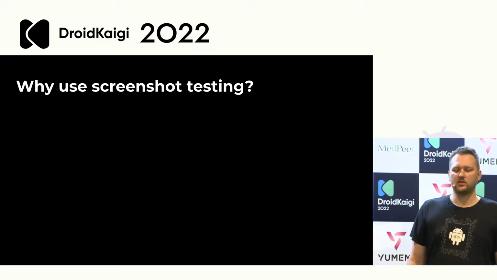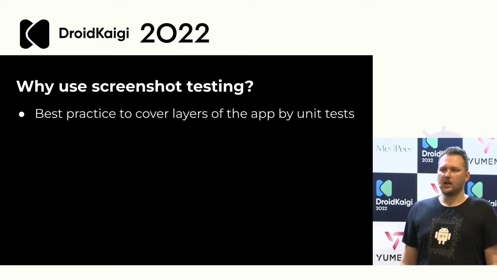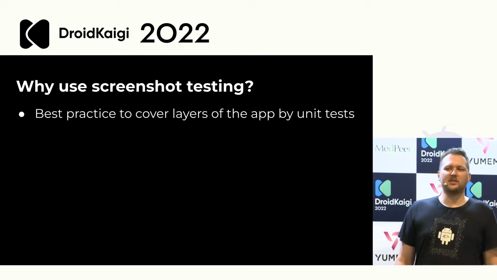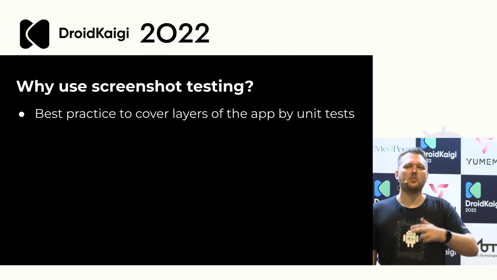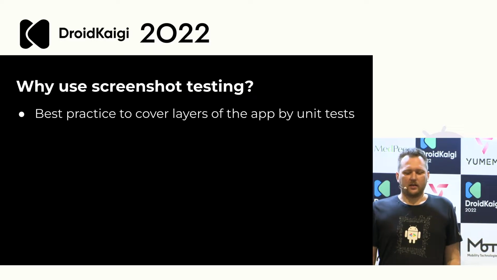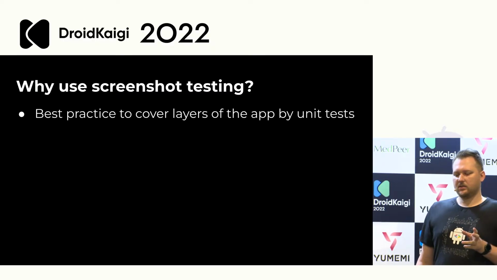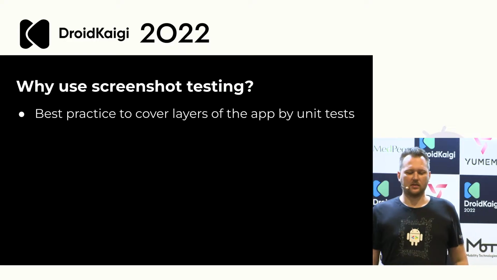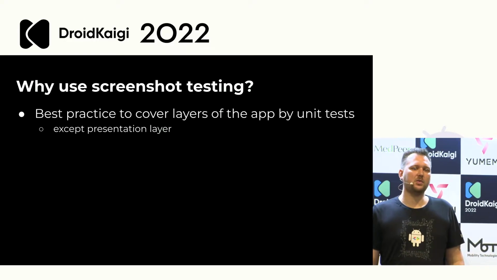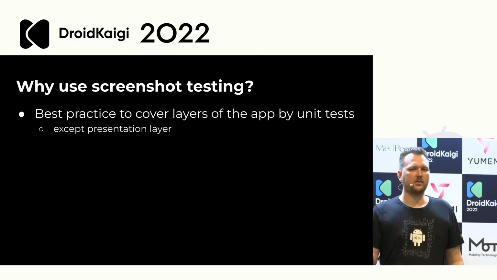So why use screenshot testing? In most code bases today, it's a best practice to cover your code base with unit tests. In most architectures, you have multiple layers, like the data layer and view models and so on, and you test them with unit tests, but you don't unit test the presentation layer, your UI.